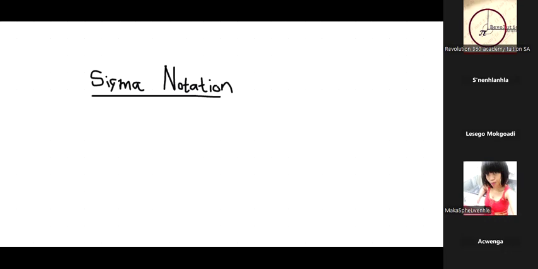So yeah, we'll be dealing with sigma notation. Yesterday I told you that sigma notation is represented by a Greek letter. To those who still don't know, this sign is a Greek letter, a capital letter S, and it means sum. Sigma means sum.